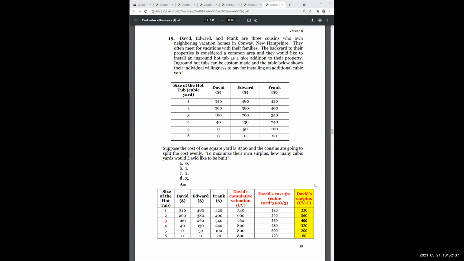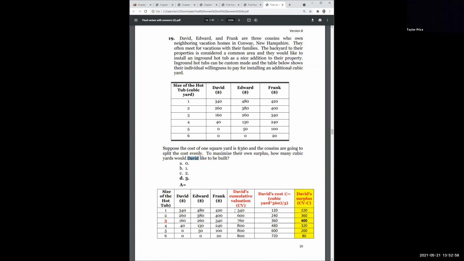For this question, how do you know when to do cumulative instead of adding 340 plus 480 plus 420? Because they're specifically asking for David, you know that you would not include Edward and Frank.